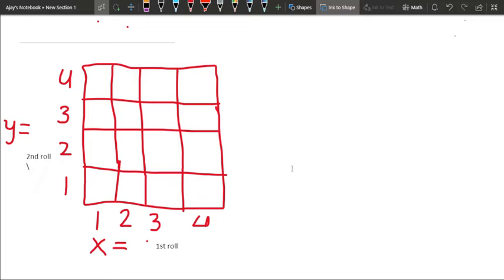Two rolls of a tetrahedral die. So we take note of the result of the first roll, and then, wait a minute.